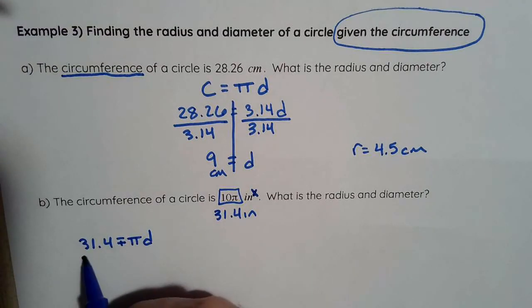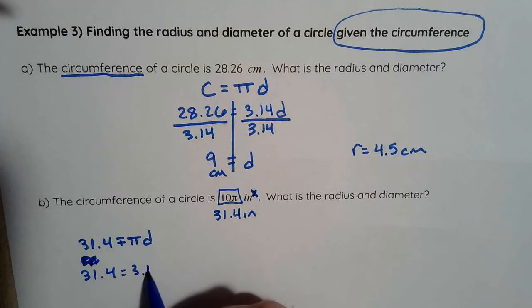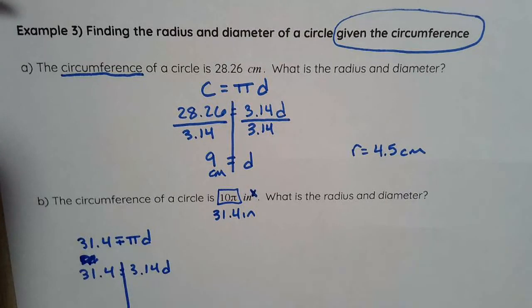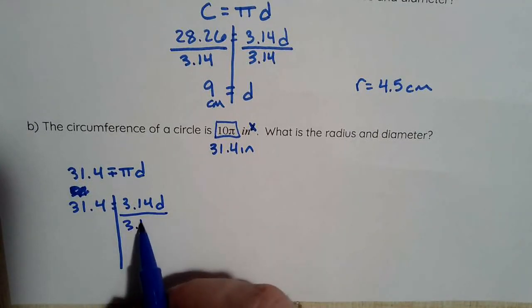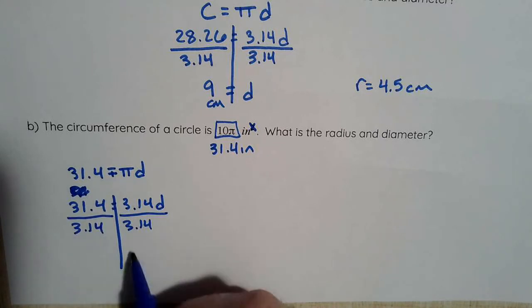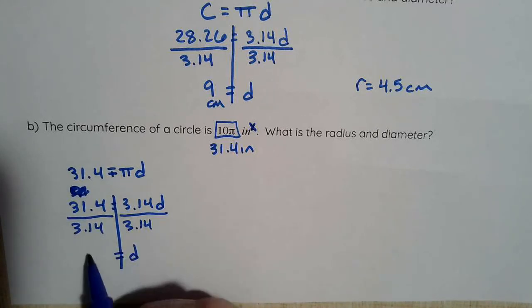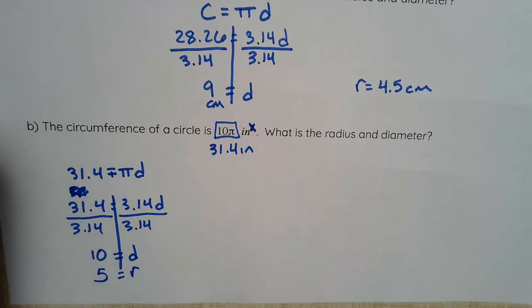Now pi is 3.14, and I have diameter there. If I solve this and divide by 3.14 on both sides, I'm going to end up with a diameter of 10, leaving me with a radius of 5.